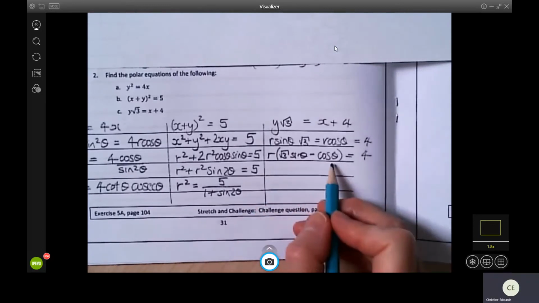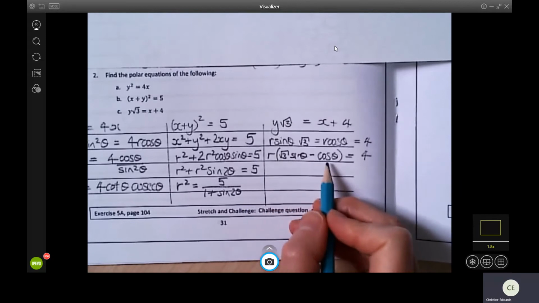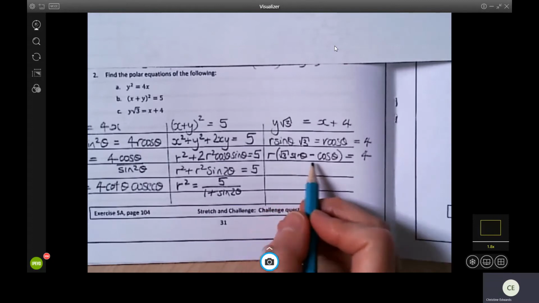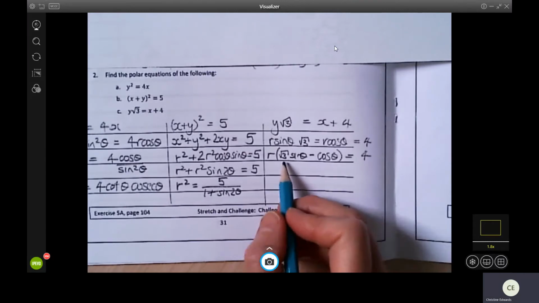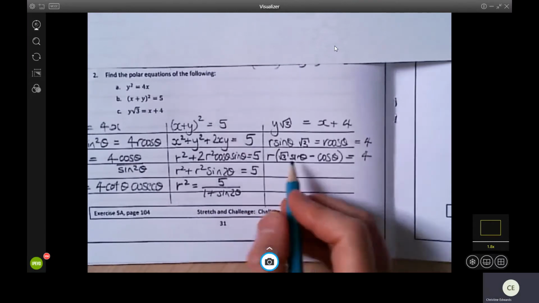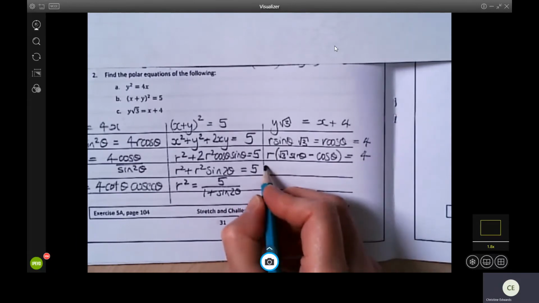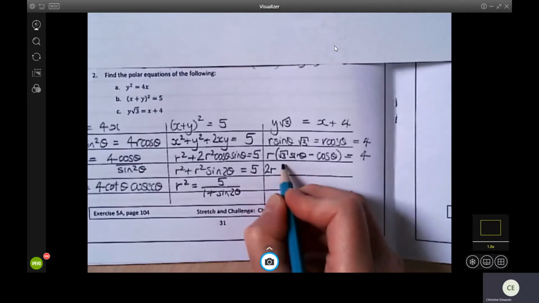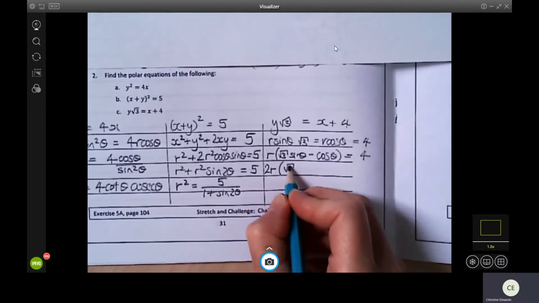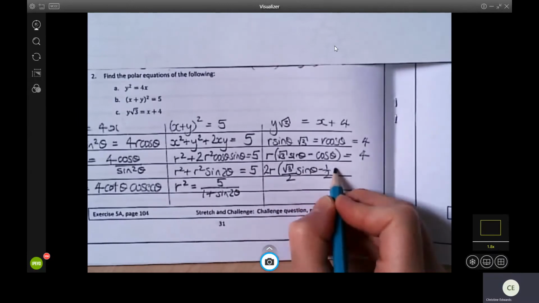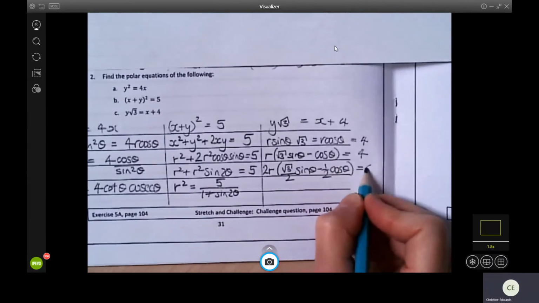Now, I want to be able to simplify this. I am going to use my addition formulae. I can already see I've got a root 3. I'm going to think about some of my standard trig values. And what I'm actually going to do is divide the bracket through by 2. So I'm going to have a 2r outside. Balance things up, so we're dividing that by 2. Minus a half here, cos theta equals 4.